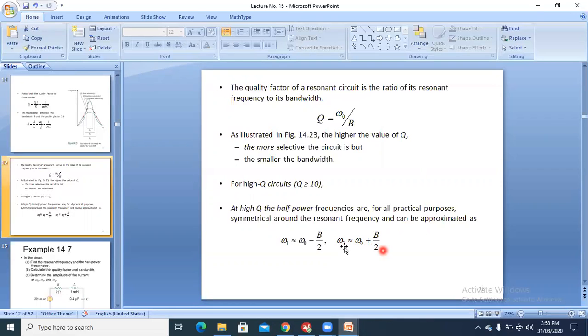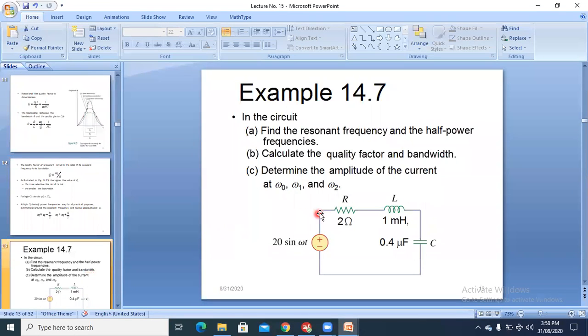Right? So for a given RLC circuit with a known applied voltage, we find the resonant frequency, half power frequencies, quality factor, bandwidth, and amplitude of the current at omega naught, omega 1, and omega 2.